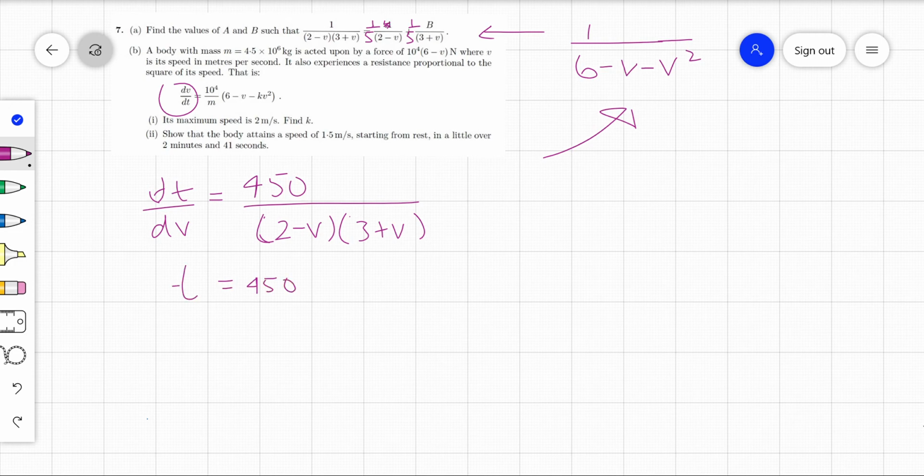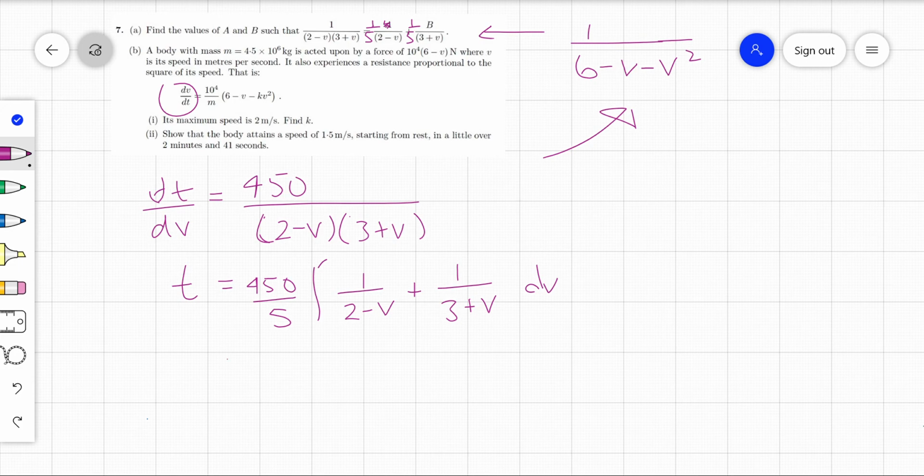So let's integrate here. So we've got the integral, and we're going to have a fifth for both of them. So I'll put the fifth on the outside, and then we've got this one plus this one dv. All right, so we could do 0 to v if you want.